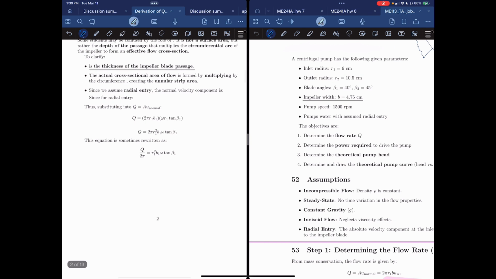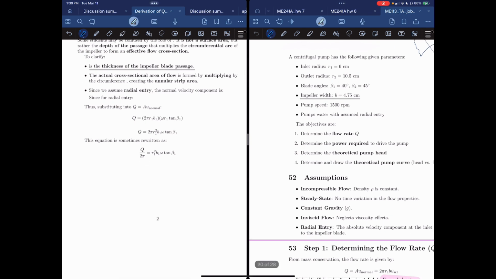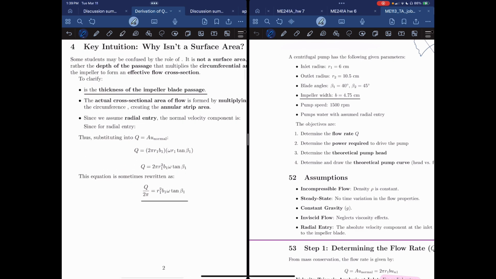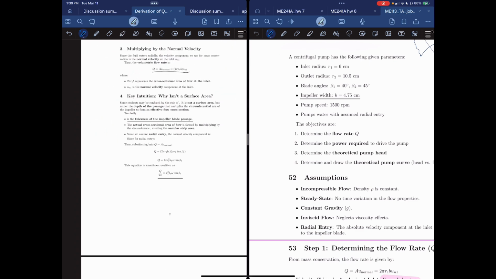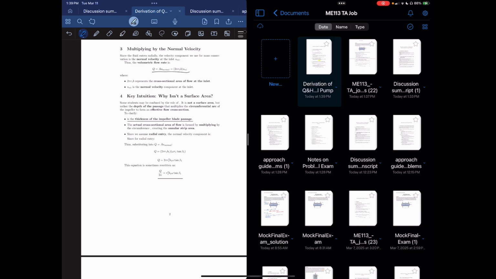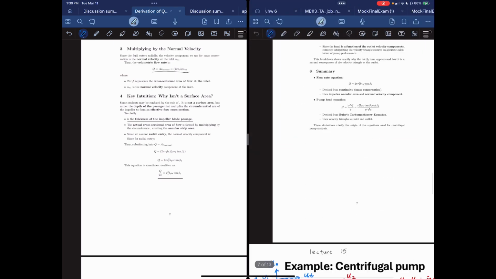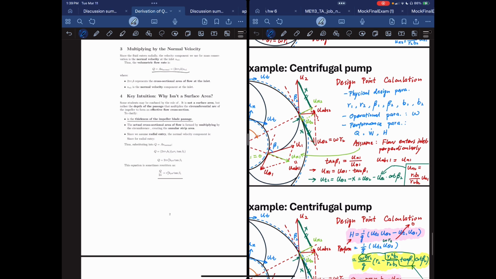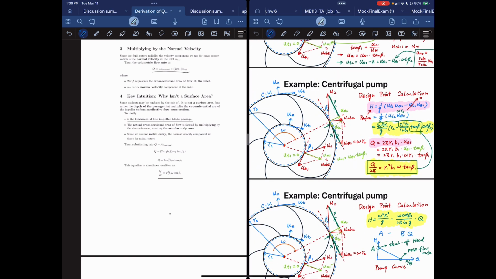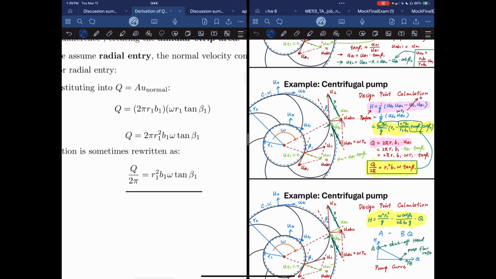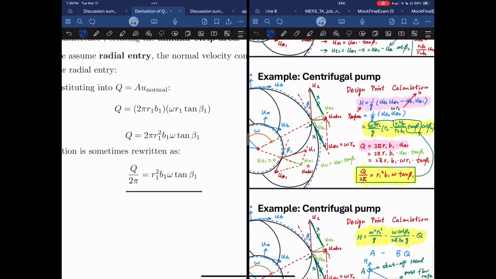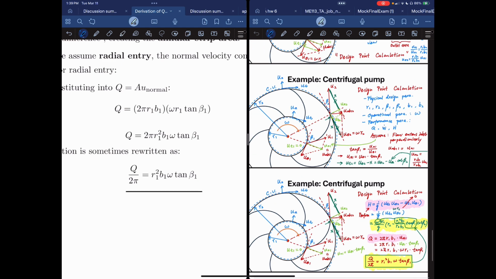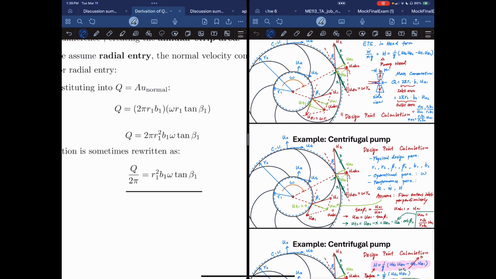And then this is the derivation for the Q equation, and that's from lecture 15. So it matches up to what professor has. This is the performance parameter Q.